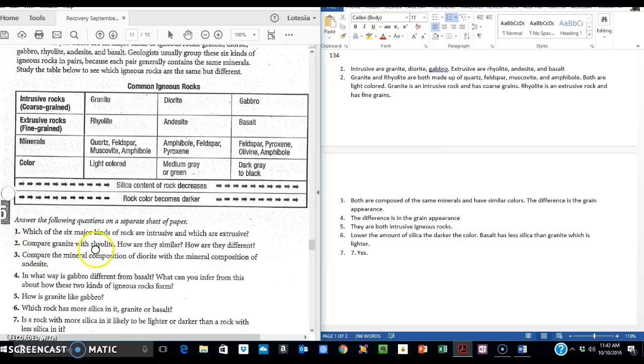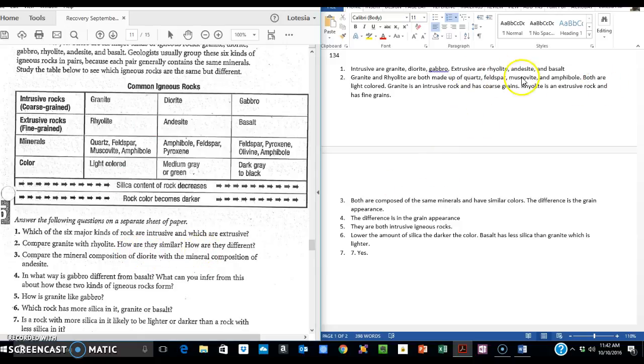Question 2, compare granite with rhyolite. How are they similar? How are they different? So granite and rhyolite are both made up of quartz, feldspar, muscovite, and amphibole. So here are the minerals that make up the granite and the rhyolite rocks. Next part of it says, how are they similar?